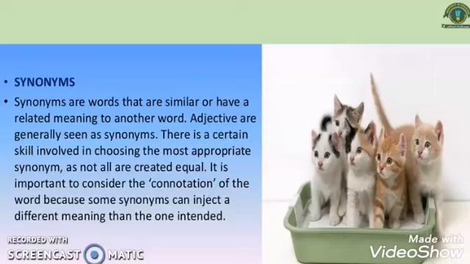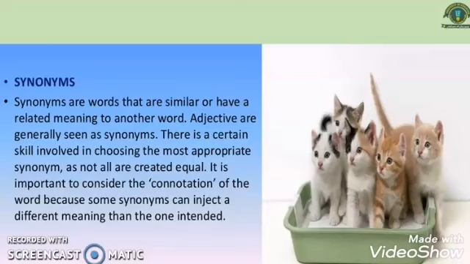Let me explain again. The last time I also told you that there is a great difference between a word's meaning and a word's synonym. A word's meaning is the explanation of the given word; when the word is explained in detail, we are describing its meaning. But what is a synonym?